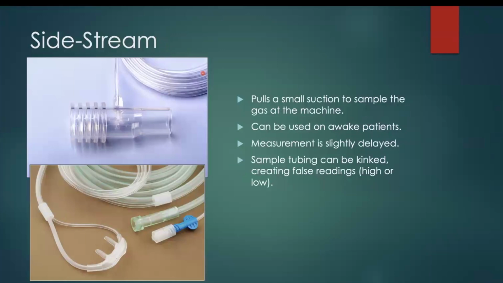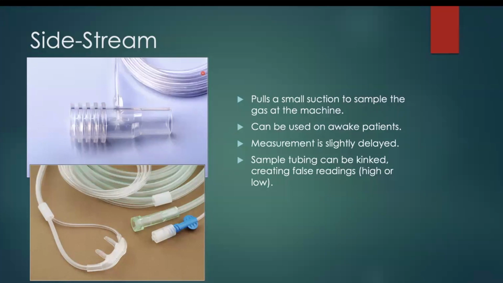There's a couple of different methods of detecting the carbon dioxide. Side stream is what is most commonly used. Side stream has the benefit of being able to be used by nasal cannula, and the sensor is able to be protected much more robustly. If you think about it, we need to have stuff that's firefighter proof, and having a sensor that is freely floating out without a bunch of protection around it means it's not firefighter proof.